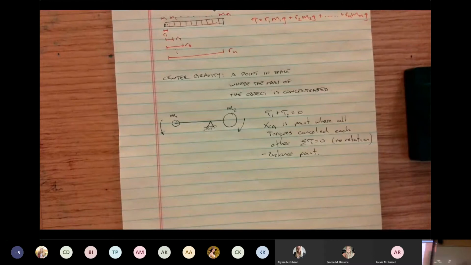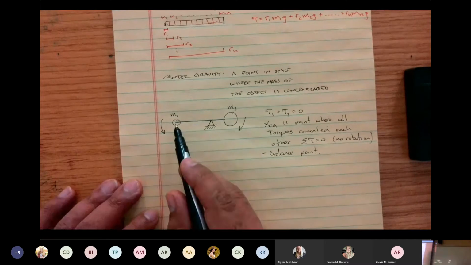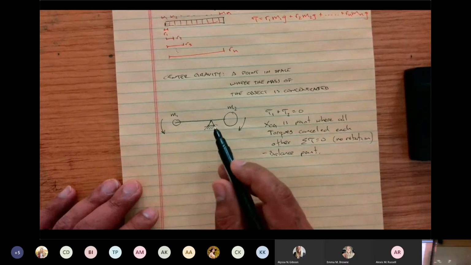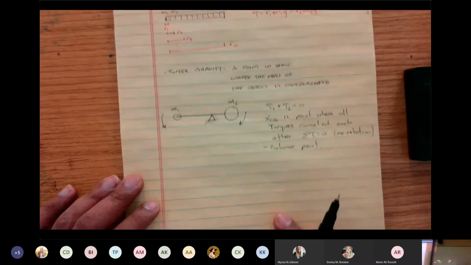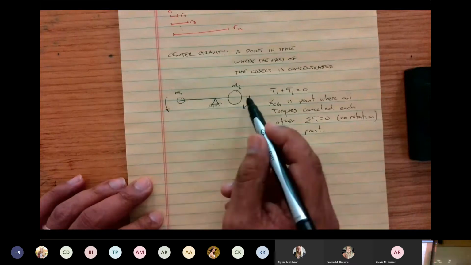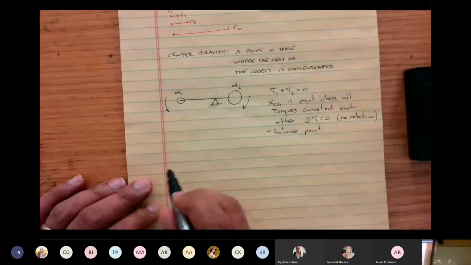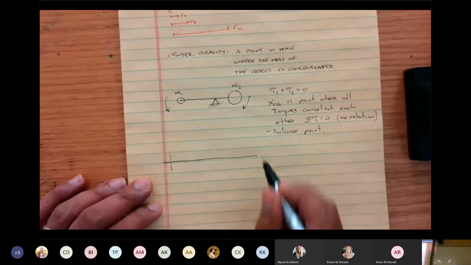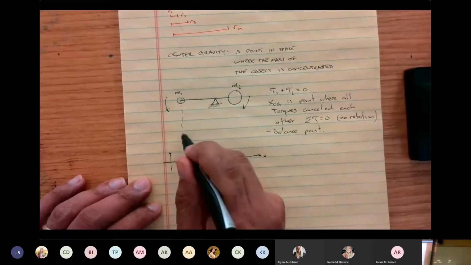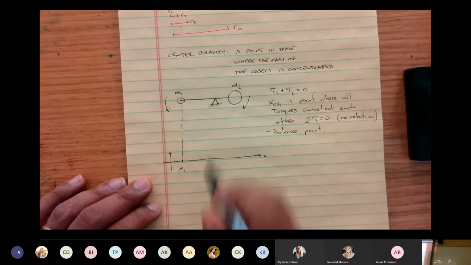So what we need to find out is, how do we find this center of gravity? There are different ways that we can do it. I'm going to do it for the case of two masses of different size, and we want to find out where the center of gravity is. The first thing I'm going to do is set up a frame of reference, and in this case I'm only going to be working with the x-axis. So I'm going to have my axis. Here I'm going to have the position of x1.